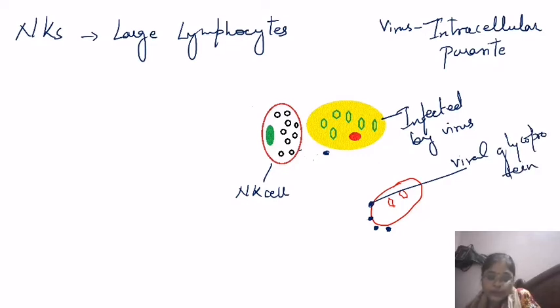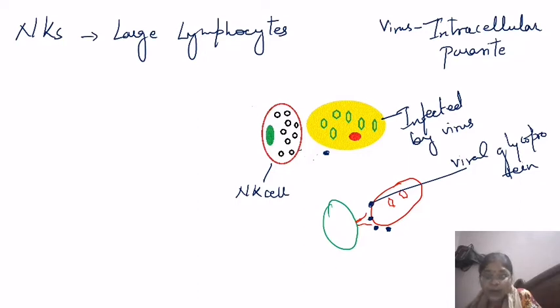Now these viral glycoproteins can be identified. Suppose this is an NK cell, another NK cell I'm making for you. Now on these NK cells there are receptors for these glycoproteins, so they bind to these receptors.